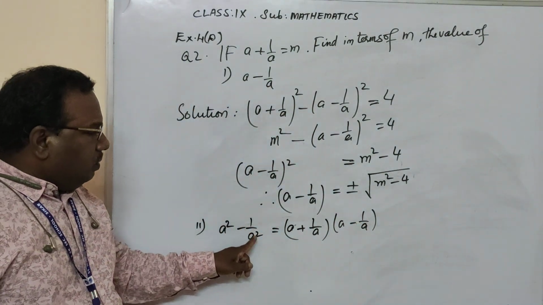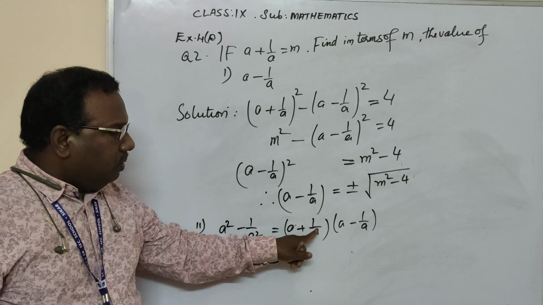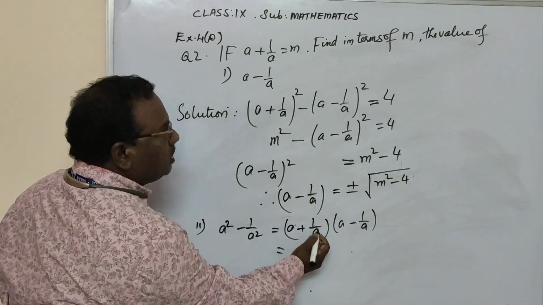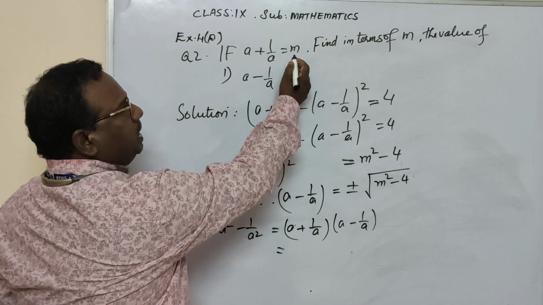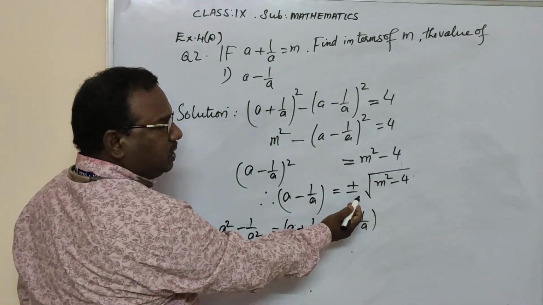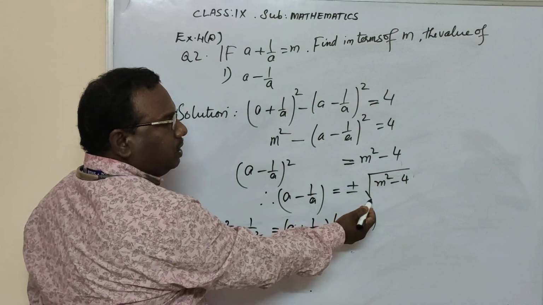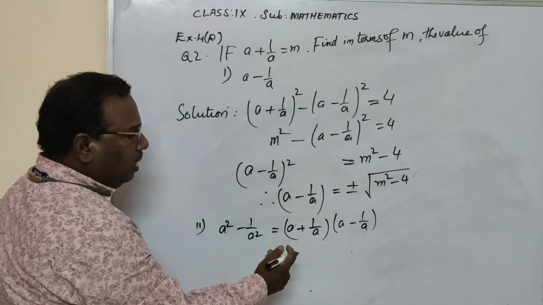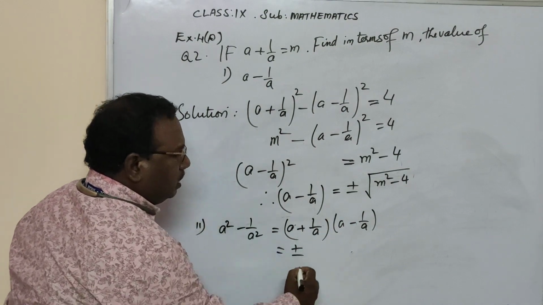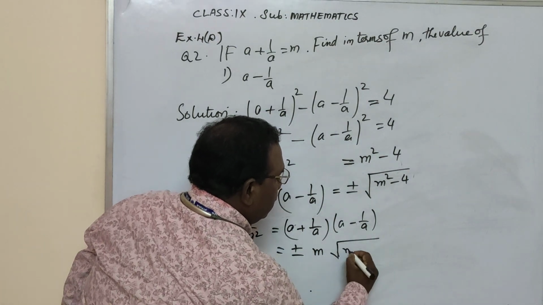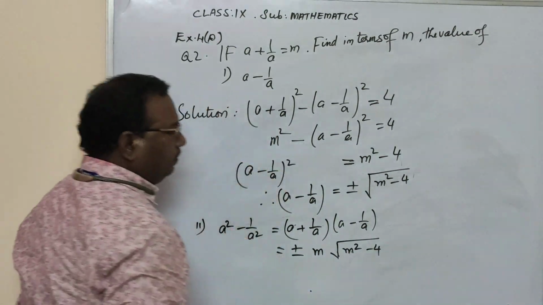Now we have the value of a plus 1 by a, that is m, and the value of a minus 1 by a we found in the first part, that is plus or minus square root of m square minus 4. So after substituting both the values here, we get plus or minus m into square root of m square minus 4.